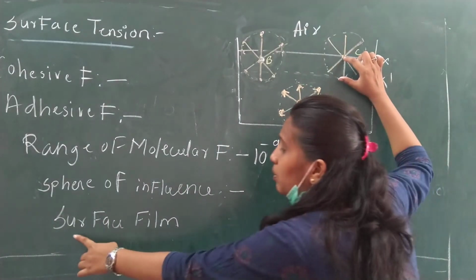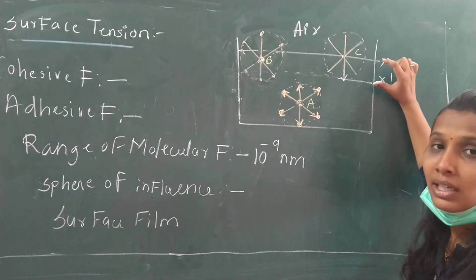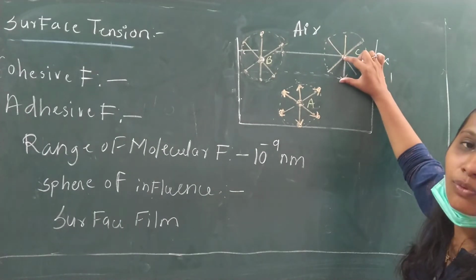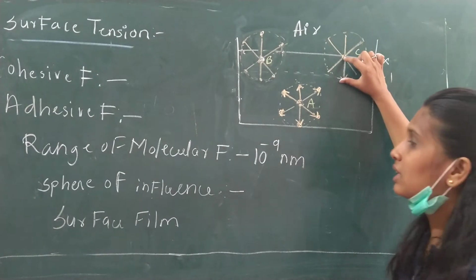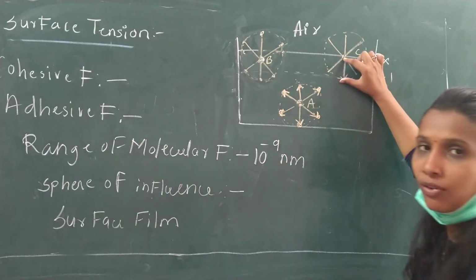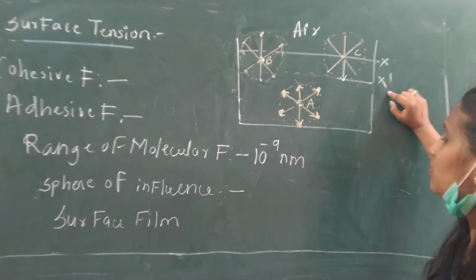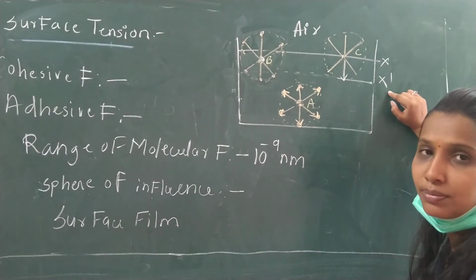The surface film has a thickness of the range of molecular forces. Here in this diagram, X and X dash show the surface film.